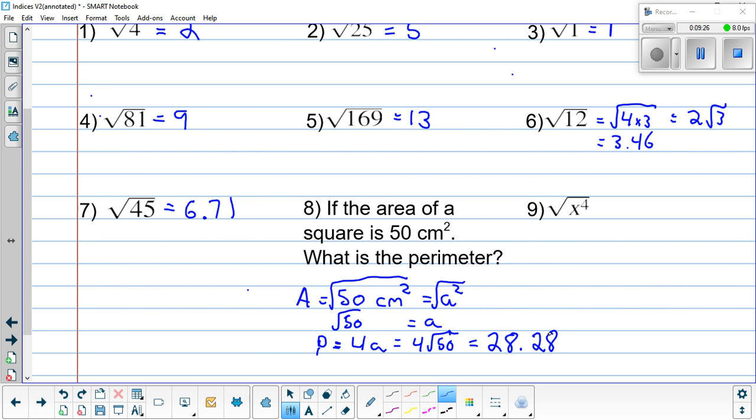Lastly, how are we going to simplify this, right? Well, how about if we write this as x squared, and then inside we say it's times x squared. Because we know that the square root, we could write this as the square root of x squared times the square root of x squared.